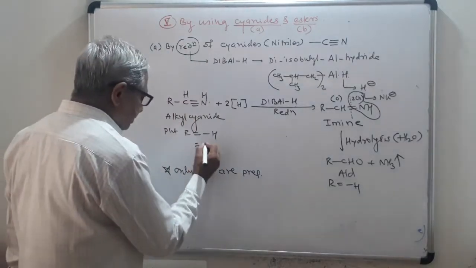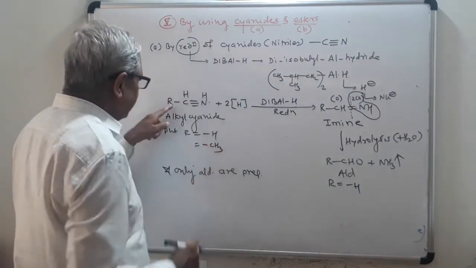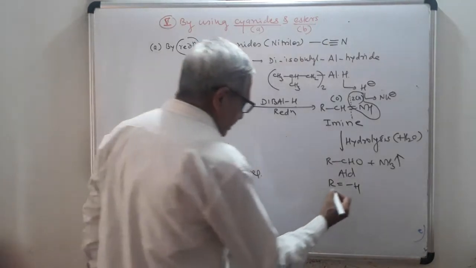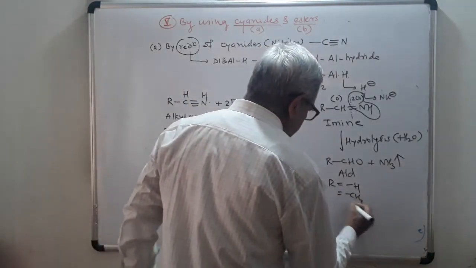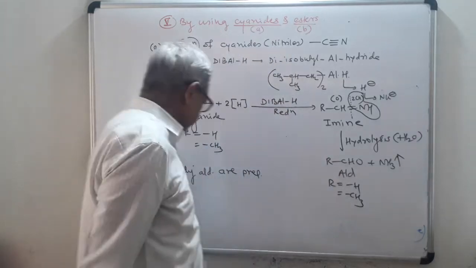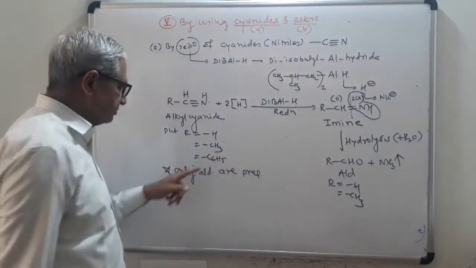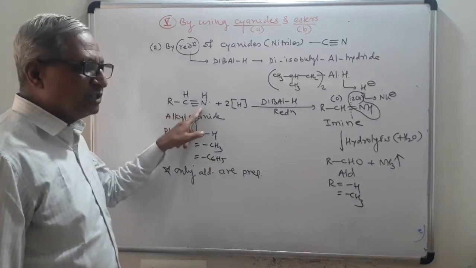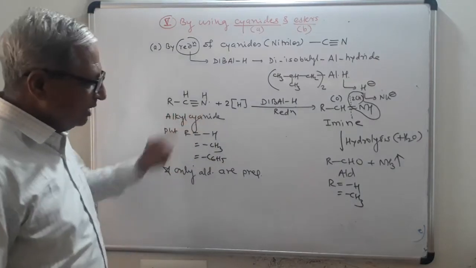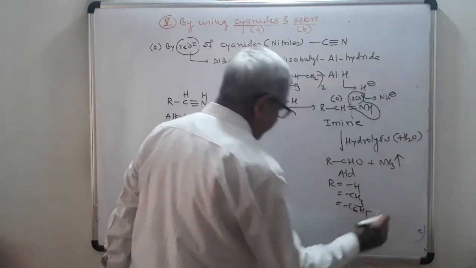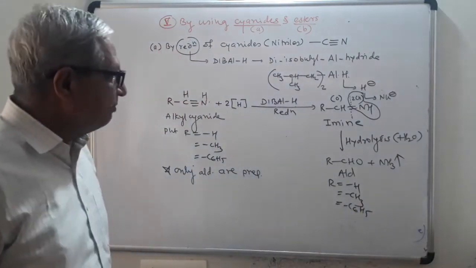Second example, put R equal to CH3, methyl cyanide, which is also called methyl nitrile. In this case, you will get acetaldehyde. Third example, put R equal to C6H5, cyanobenzene, and here you will get benzaldehyde.